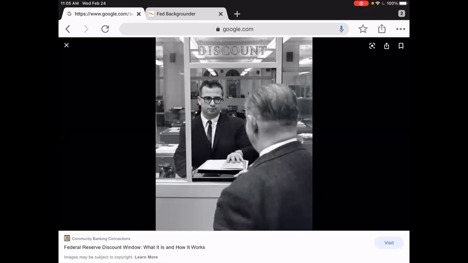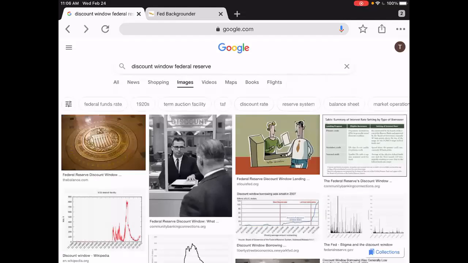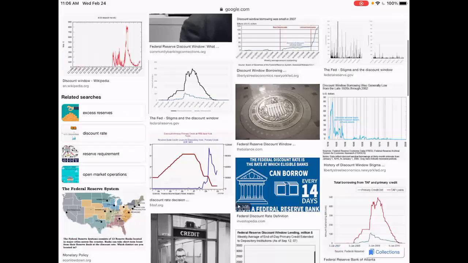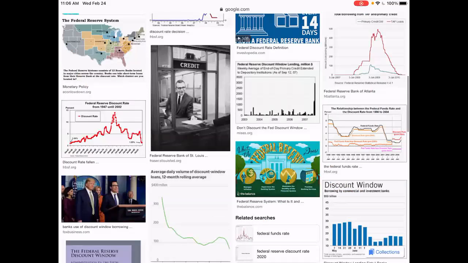Basically, the discount window was a desk that a banker would go to be able to get a loan, and nothing more than that. But it's pretty old. You really don't see that kind of thing anymore.